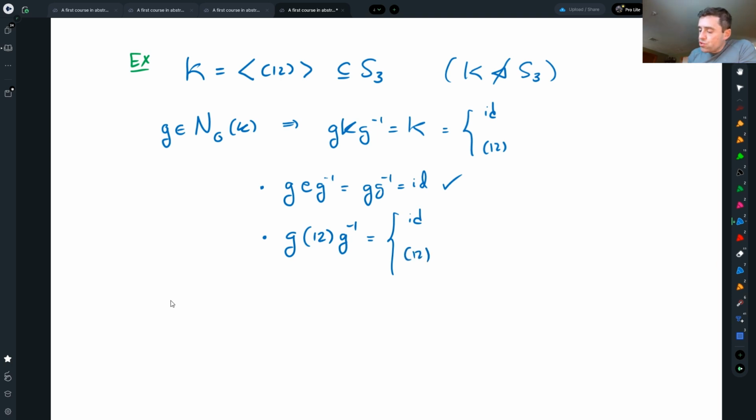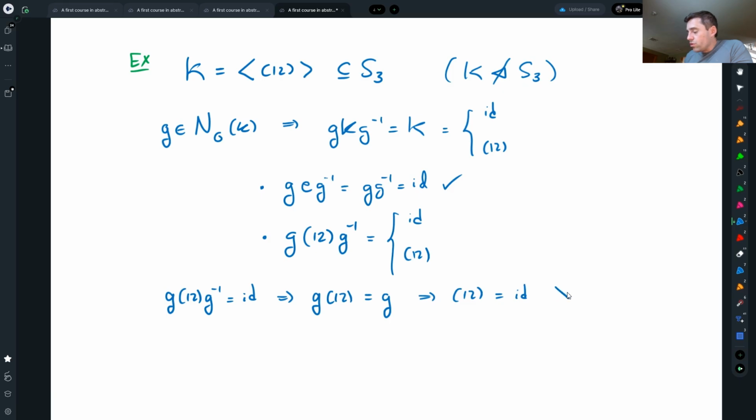If G times (1 2), G inverse gives me the identity, that means that if I multiply on the right by G, that G(1 2) is G, and that gives me that (1 2) is the identity, which is a contradiction, so that cannot happen.